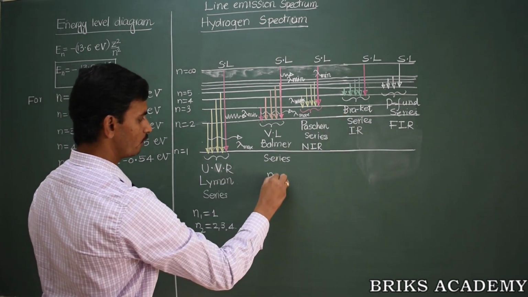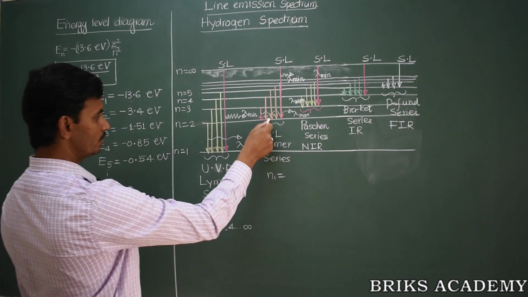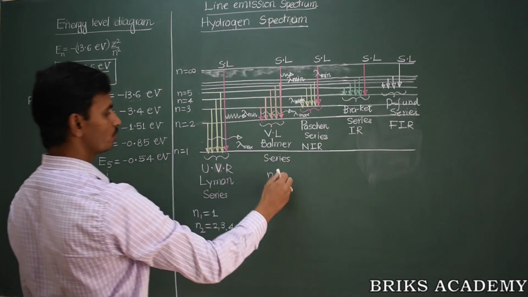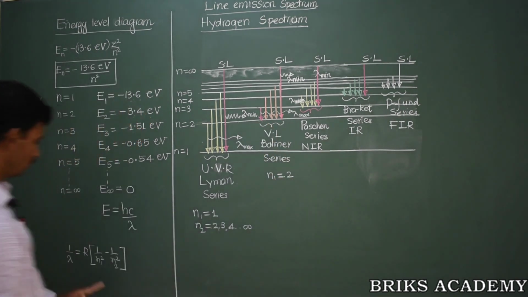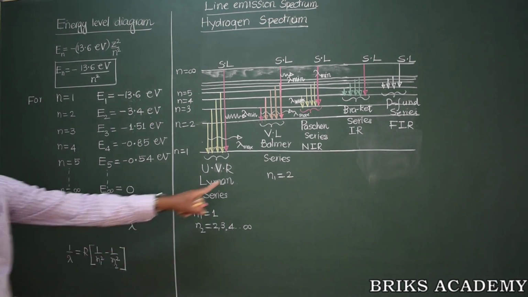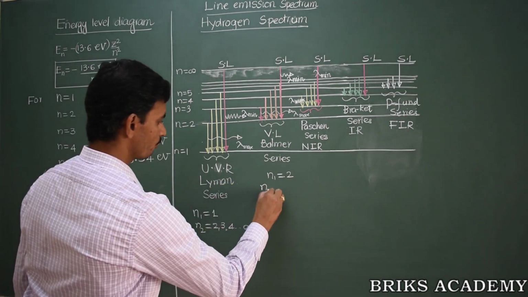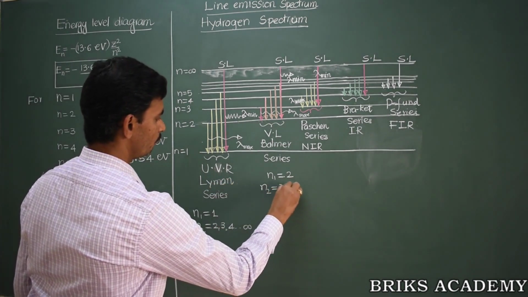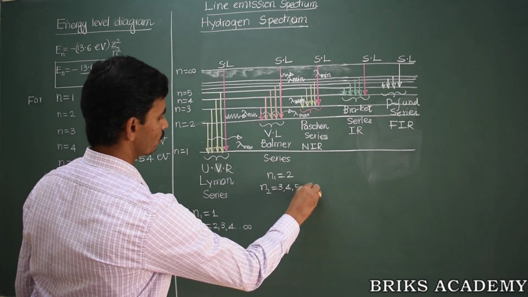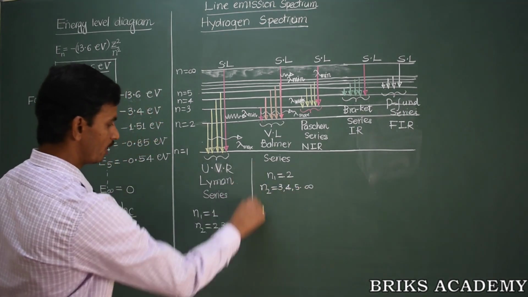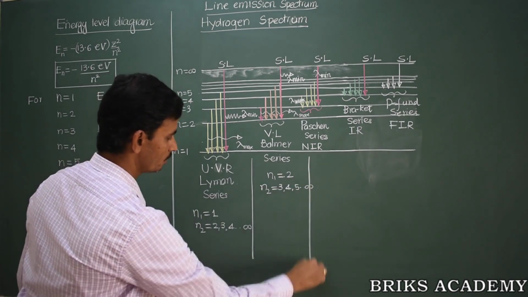So what should be the n1 value for Balmer series then? Since the transitions terminate on n equals 2, n1 should be 2, whereas n2 should be 3, 4, 5 and so on, going up to infinity. So this is for Balmer series.